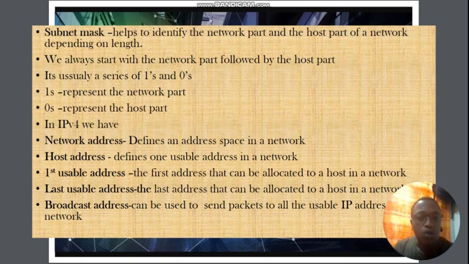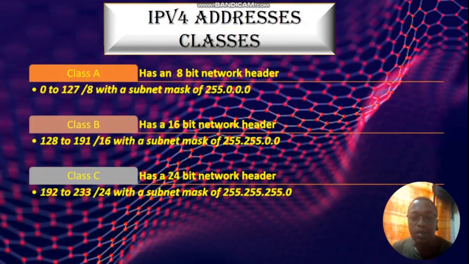Now, talking of the prefix of an IPv4 address, or the length of an IPv4 address, what helps us identify IPv4 addresses are the classes, the different classes that IPv4 addresses are divided into, and we basically have 5 of them.